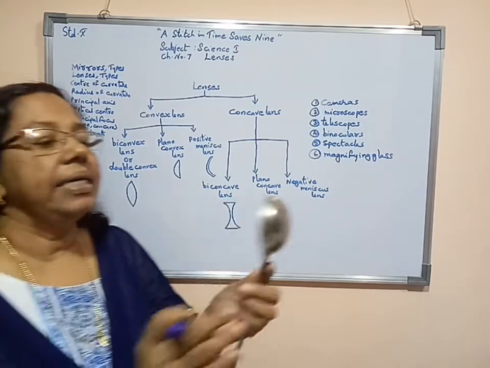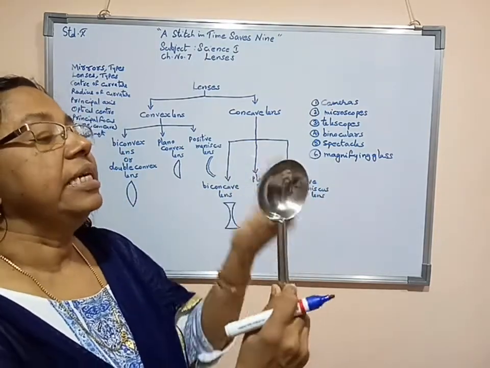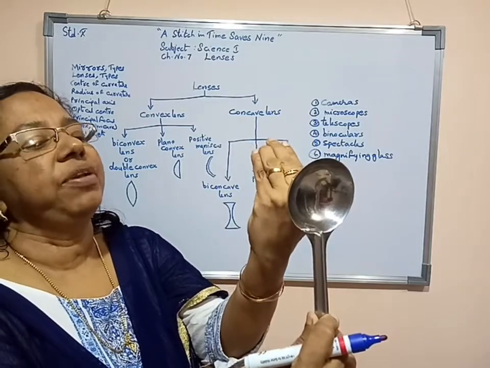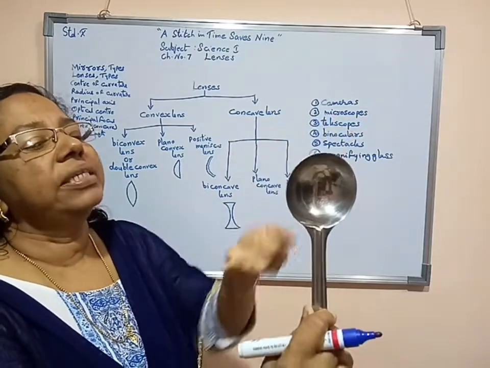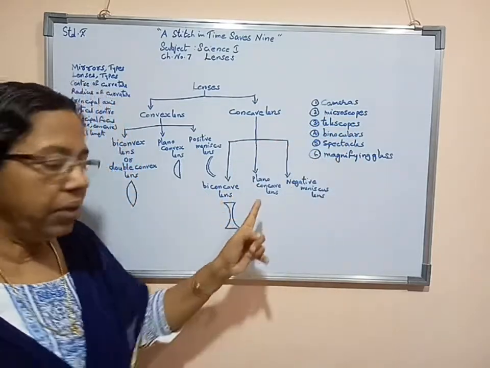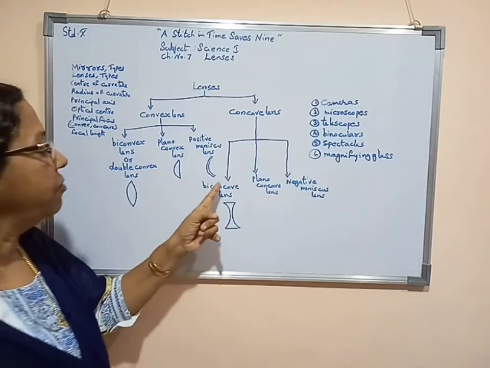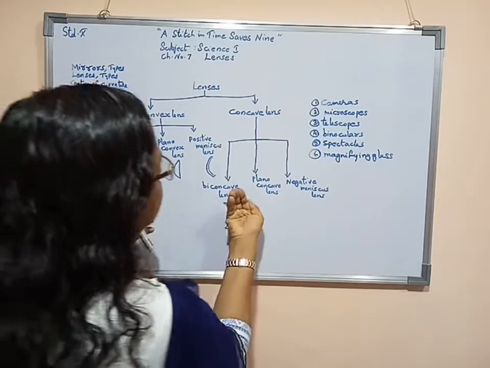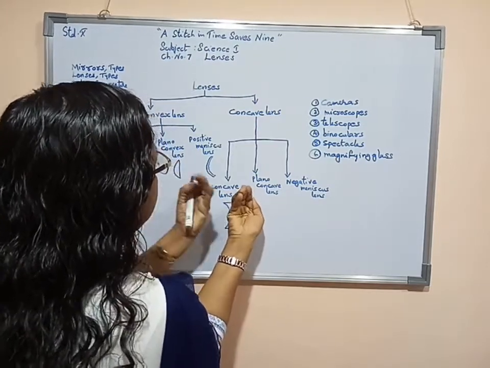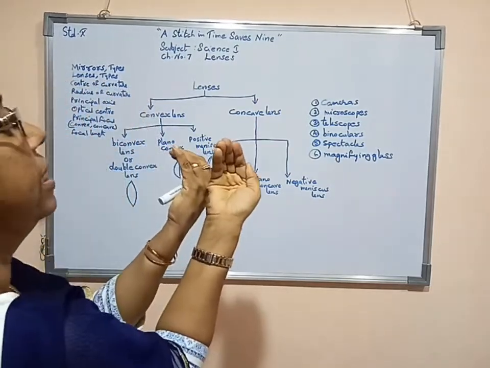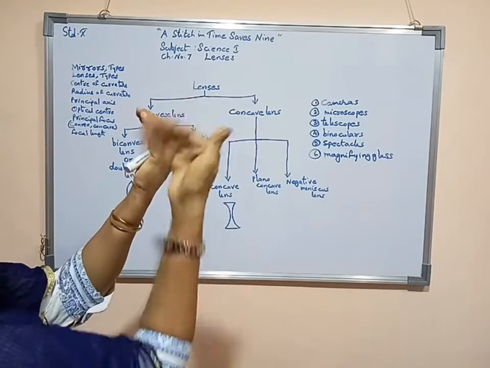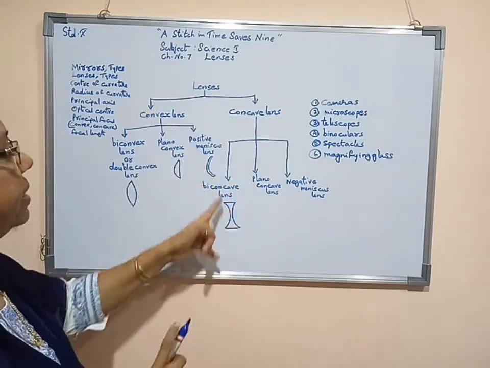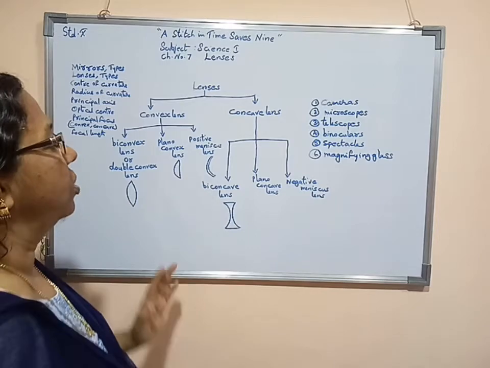Then both of them are joined at the sides. So we can say that this is the example of biconcave lens.